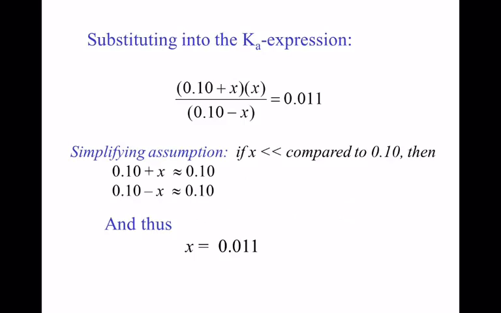If we apply the simplifying assumption that we've been doing, if X is less than 0.10, then those two quantities become 0.10.